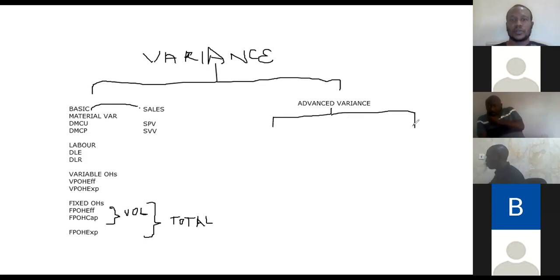So we have cost, and then we have sales.